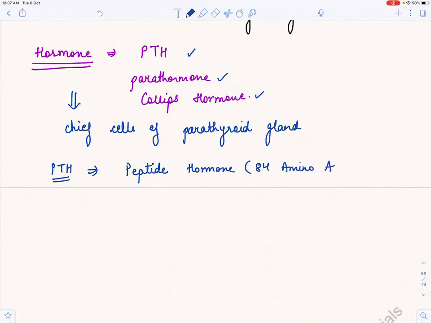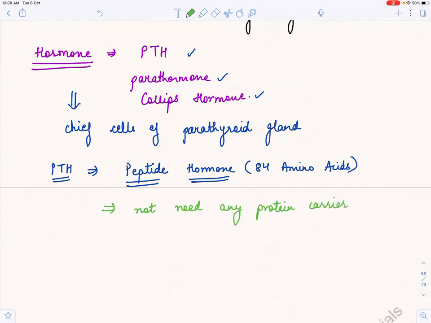As soon as I say that it is a peptide hormone, what should come to your mind? I've already told you about different types of hormones: peptide, polypeptide, lipids, and all. When I say it's a peptide hormone, it means it will not need any protein carrier, right?